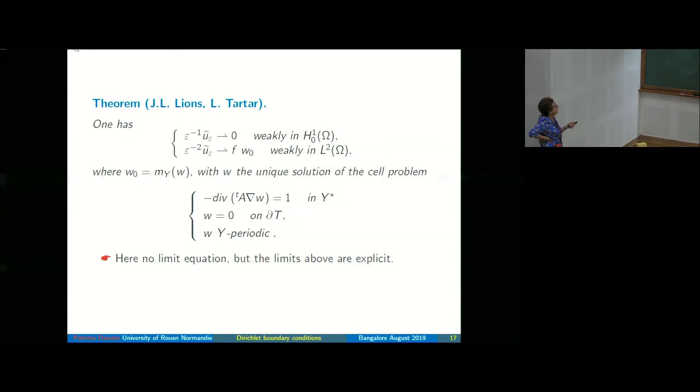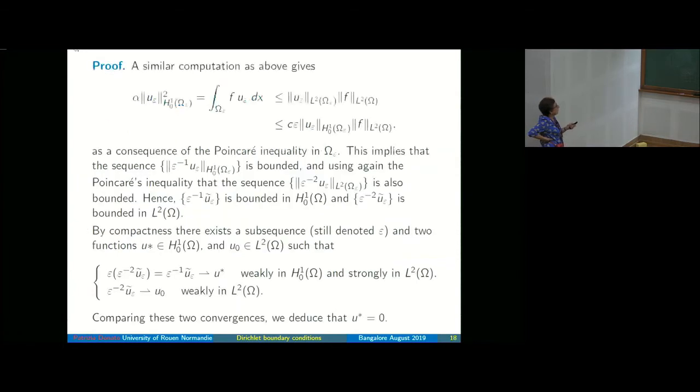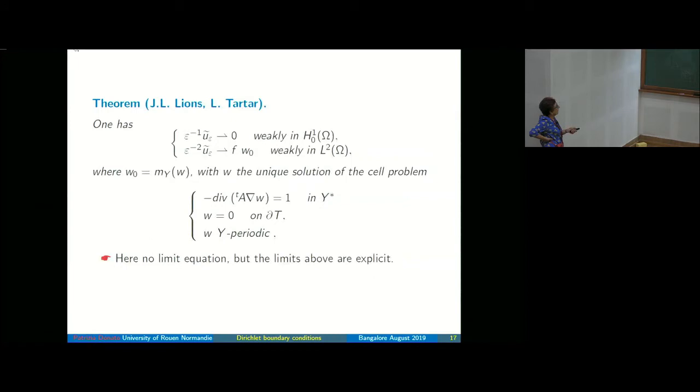Epsilon squared u tilde epsilon weakly converges to f w0, where w0 is the average on Y of this problem, which looks very far from the original problem: minus divergence of the transpose of A gradient w equals 1, w equals 0 on the hole T, and w Y-periodic.